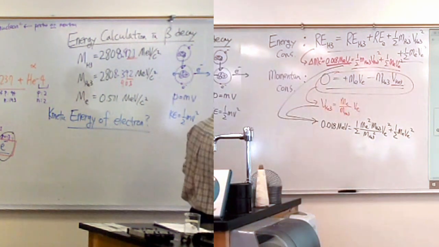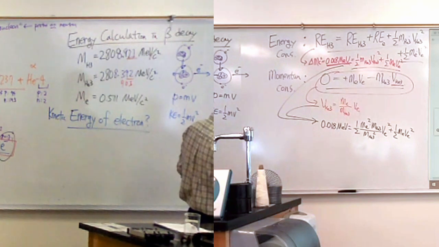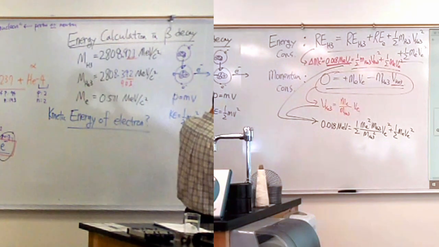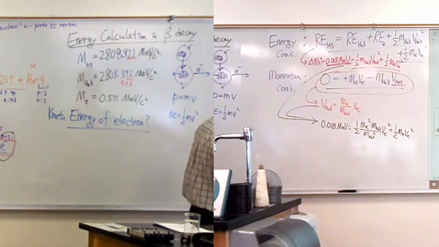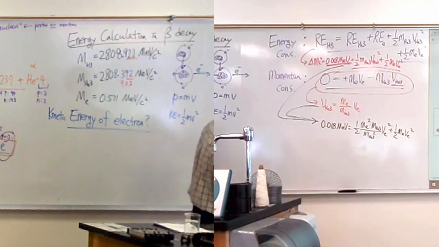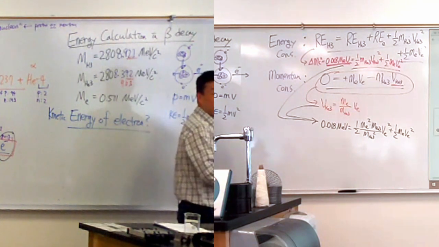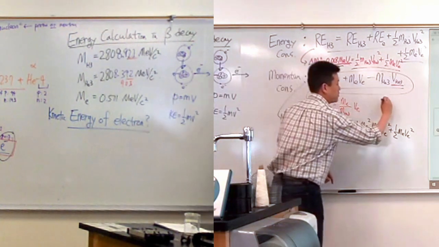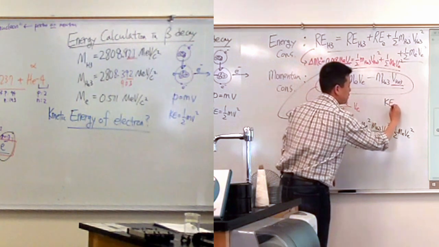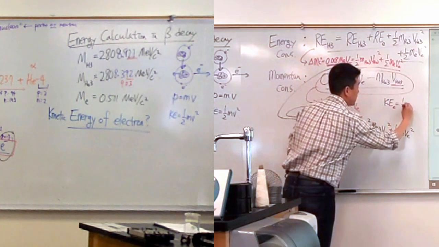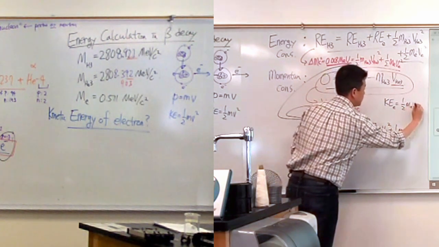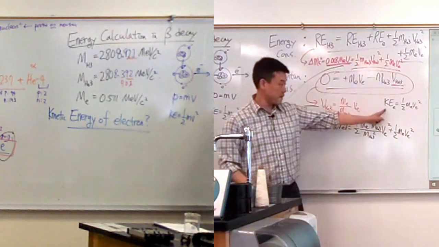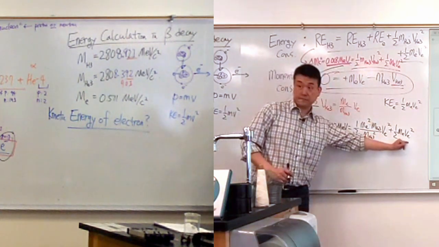Good. I can do a little bit of algebraic simplification. Let me do an odd substitution, which is actually going to help me. I'm going to define the kinetic energy of the electron as 1/2 m_e v_e squared.